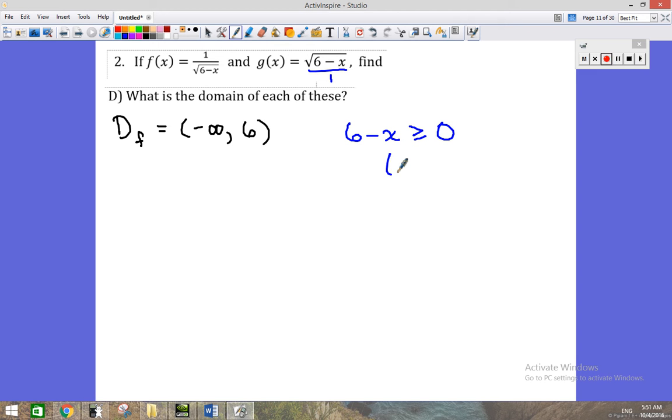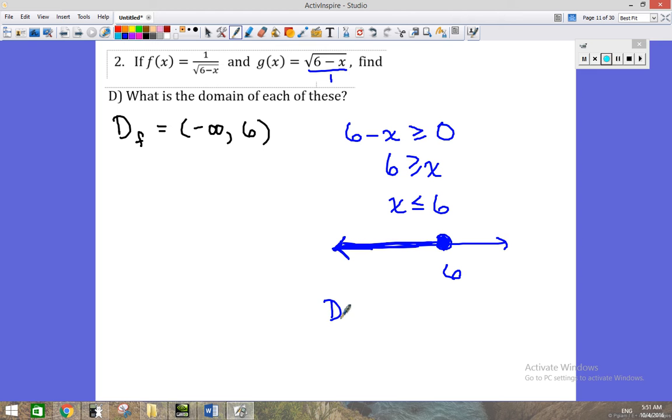And so when I solve for x, less than or equal to 6, last time I did not include the number 6. This time I will, and shade all numbers that are to the left that are smaller than 6.